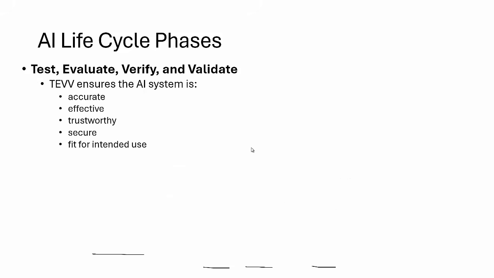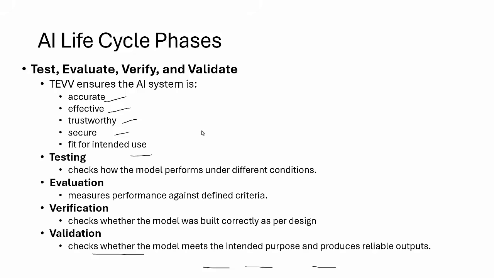Now the next is, once you deploy the model, you need to test it. Testing basically checks whether the control is working or not. So you ensure that it is accurate, effective, trustworthy, secure, and fit for intended use. Is it clear? So testing is basically checking how the model performs under different conditions. We evaluate the result, we verify whether it's working as per the business objective, and we validate whether it met the business objective.